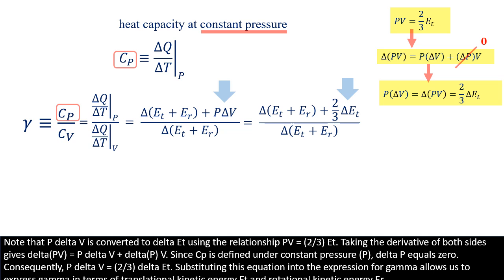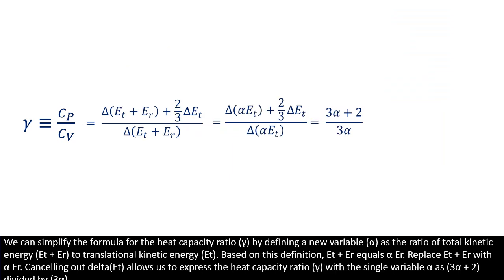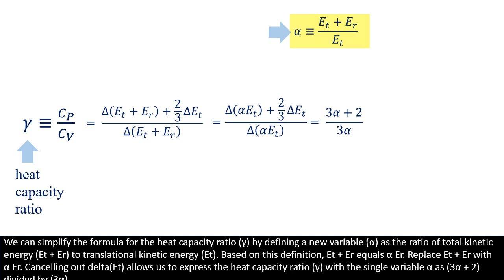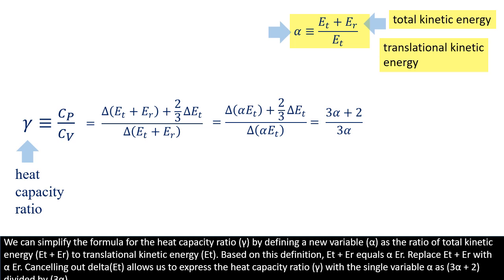Substituting this equation into the expression for gamma allows us to express gamma in terms of translational kinetic energy ET and rotational kinetic energy ER. We can simplify the formula for the heat capacity ratio, gamma, by defining a new variable, alpha, as the ratio of total kinetic energy, ET plus ER, to translational kinetic energy, ET.